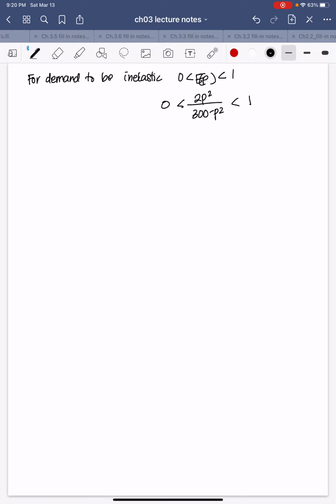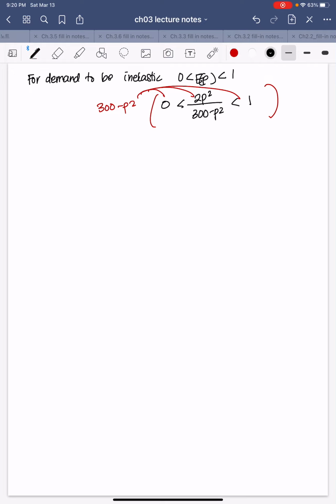Okay. So let's work both sides. You can separate it or work both of them at the same time. So multiply the whole inequality by 300 minus p squared. So that means here, here, and here.